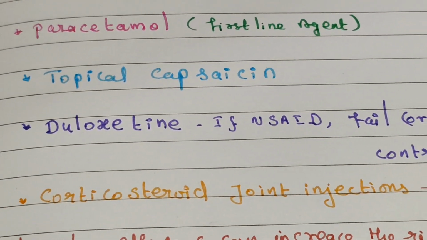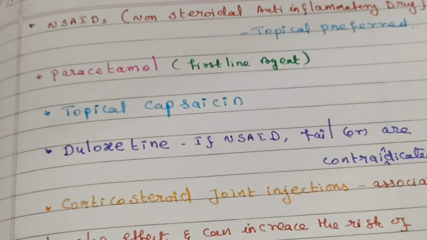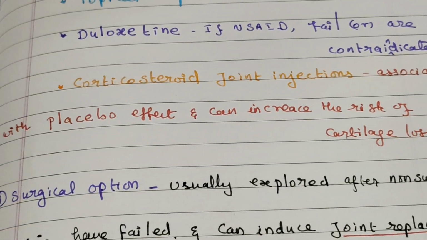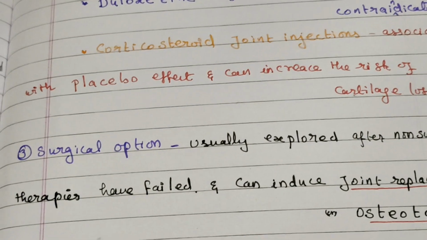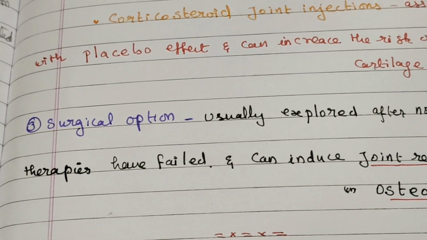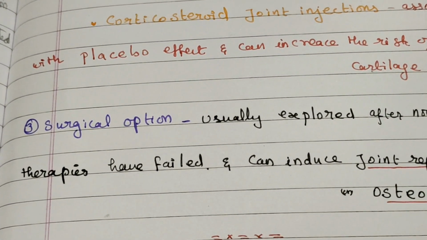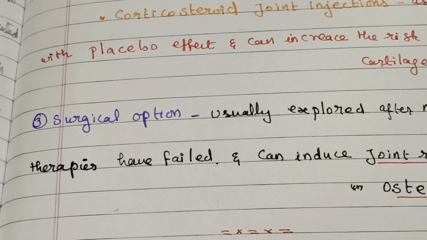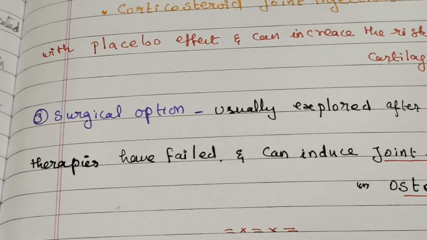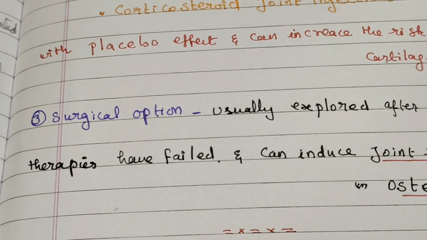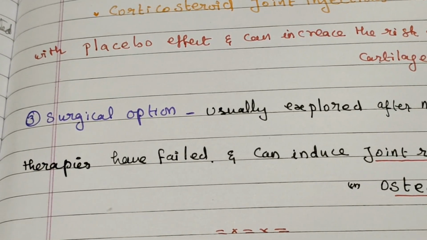Then duloxetine is also used. Then corticosteroid joint injection. In the case of surgery, a surgical option is usually explored after non-surgical therapy has failed, and can include joint replacement or osteotomies.